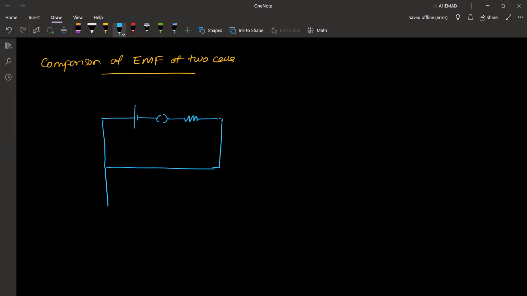Now in the secondary circuit, we have to make a small change. This time we are going to have two cells. Because we are having two cells, we are going to use a two-way switch. At a time it can connect to cell E1, and at another time it can connect to cell E2. So this is E1 and this is E2.